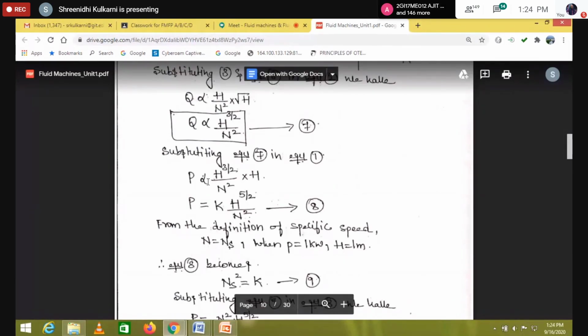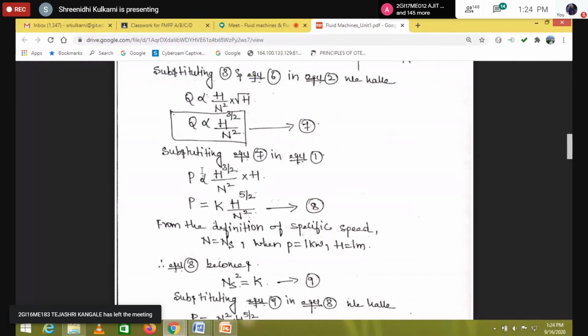To remove this proportionality, we have the constant K. So P is equal to K into h to the power of 5 by 2, because 3 by 2 and here we have h, so h to the power of 5 by 2 by N square.